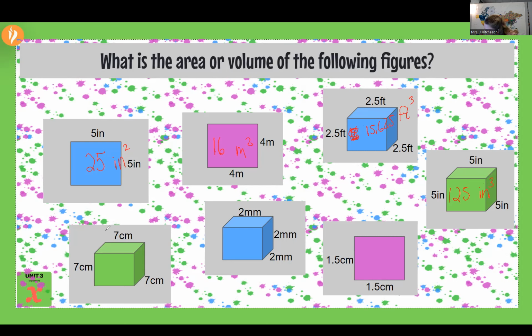Here we have 7 raised to the power of 3 is 343 centimeters cubed. 2 times 2 times 2, well, 2 times 2 is 4. 4 times 2 is 8 millimeters cubed. And then we have 1.5 squared is 2.25 centimeters squared.